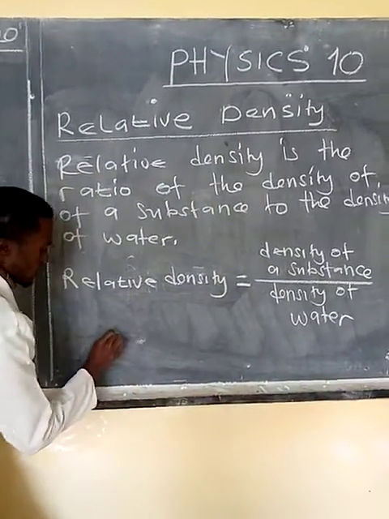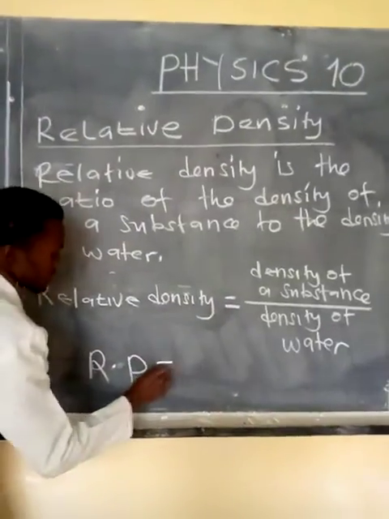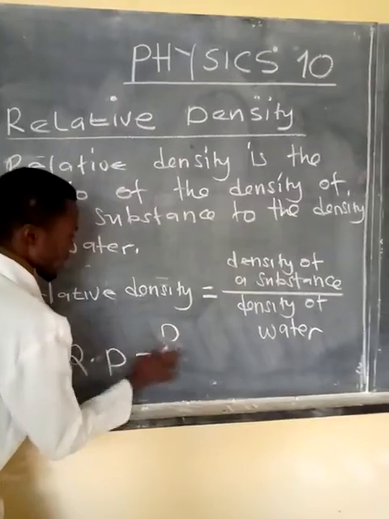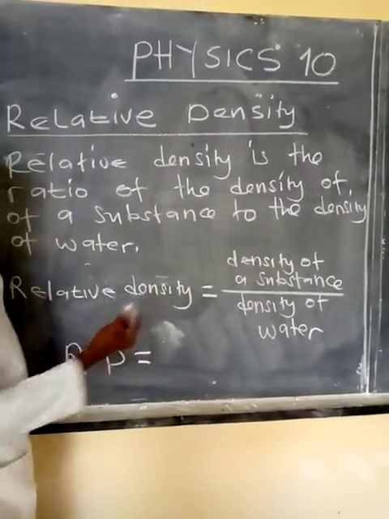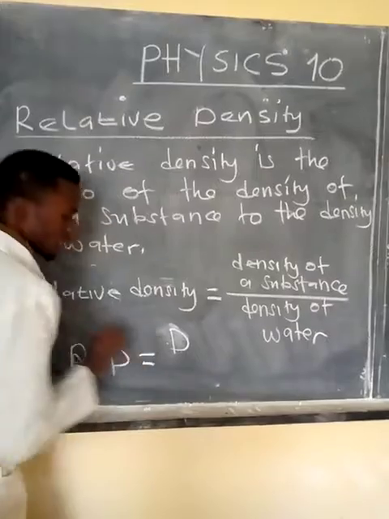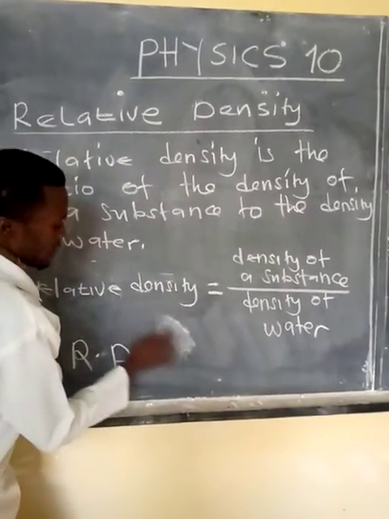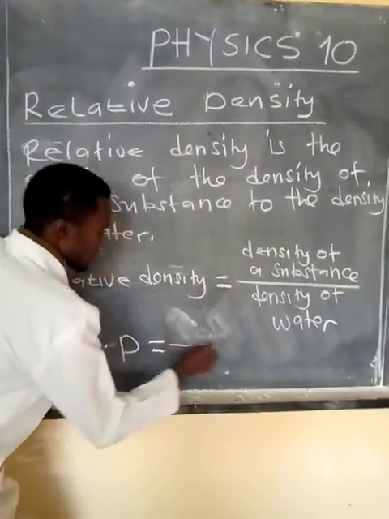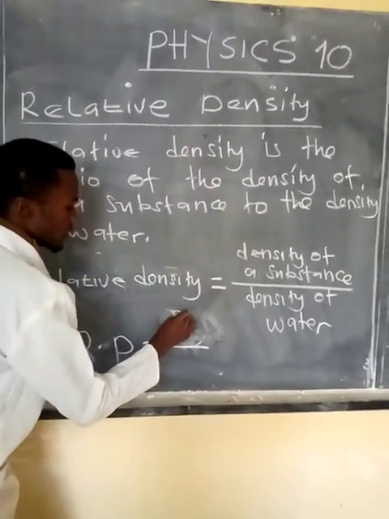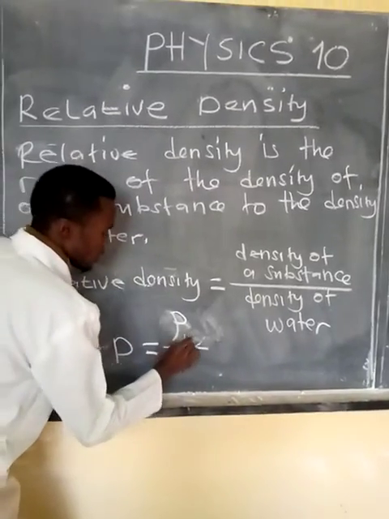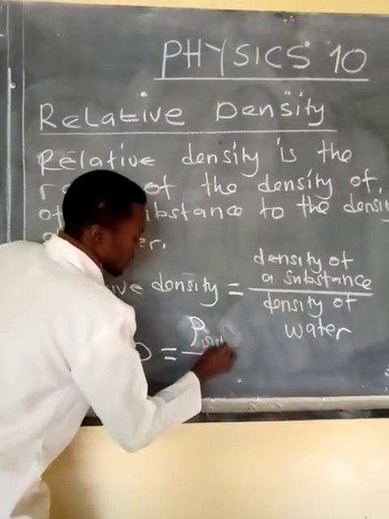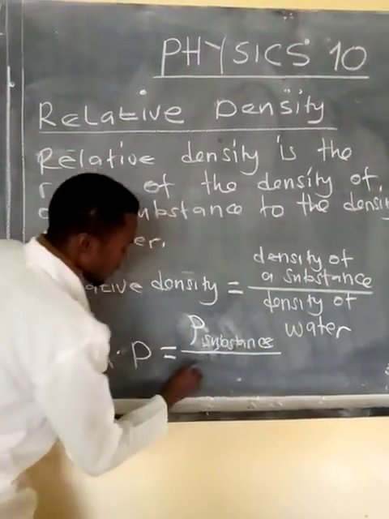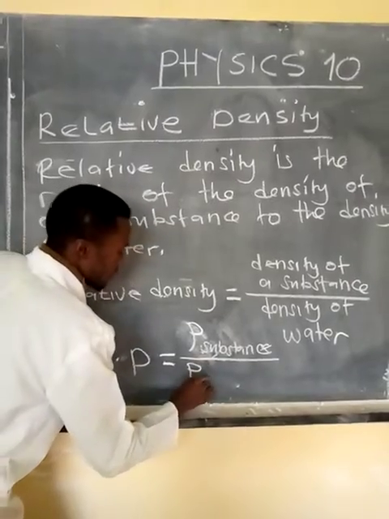Then you can say RD is equal to density. Now we're not going to use the capital letter D, since we're supposed to use the rho. So we're going to say rho, which is density of a substance over density of water.